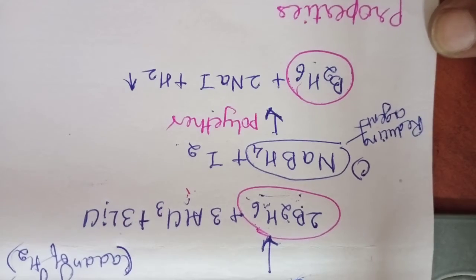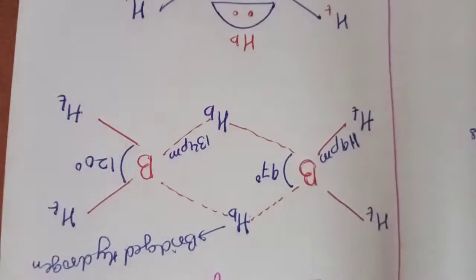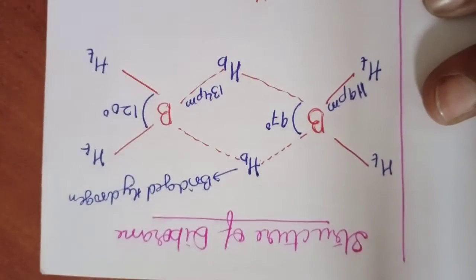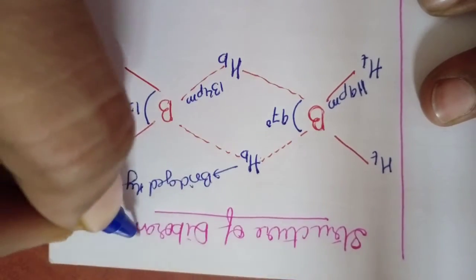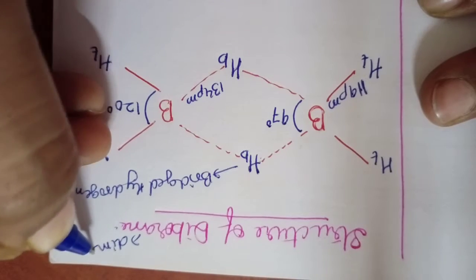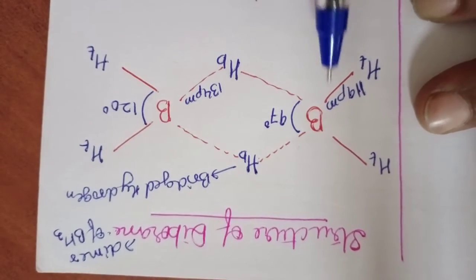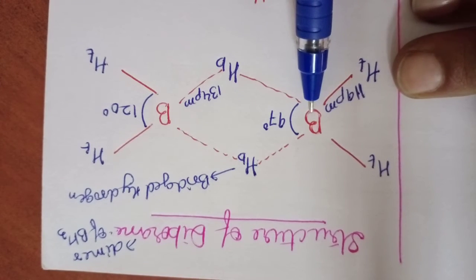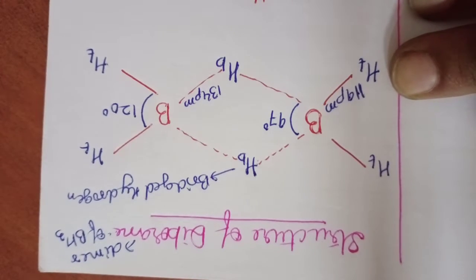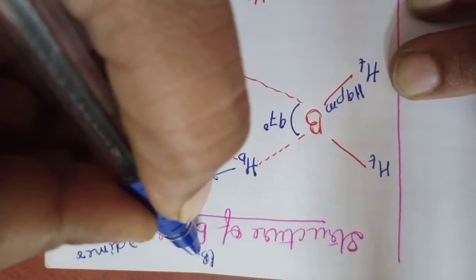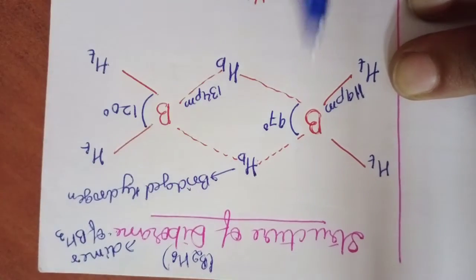Now let us see the structure of diborane. As I have told you, diborane is a dimer of BH3. Now this is the structure. B2H6 is the formula for diborane.